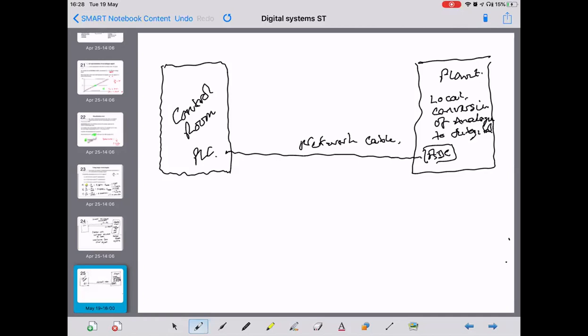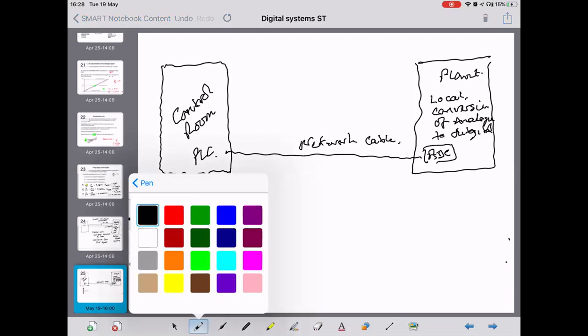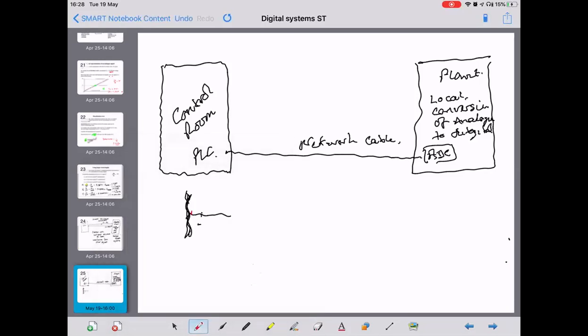Okay, if we think about an analog signal getting interference, so if we have a signal that goes like this, I'll go to a different color. We've got an analog signal that does that over time. If that gets interfered with, that can end up looking very much not like what it should be.